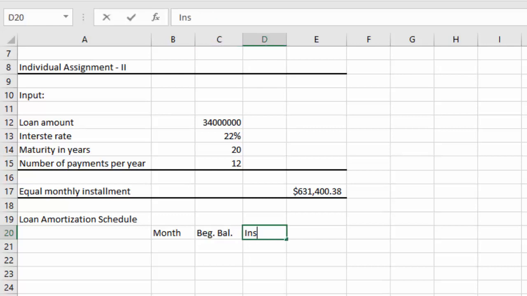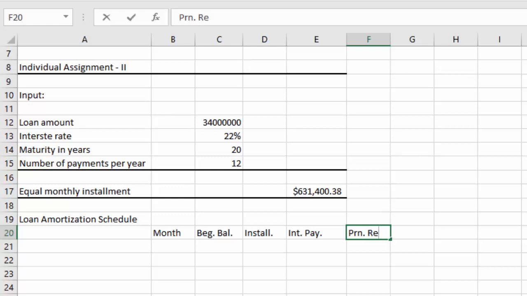Then equal installment, so I'm just writing INSTALL. Then from the installment we will certainly have some amount of interest payment, so INT. PAY. Then if we deduct the interest payment from the installment, we will get the principal, PRN.